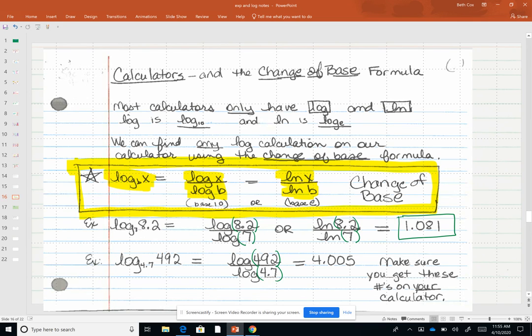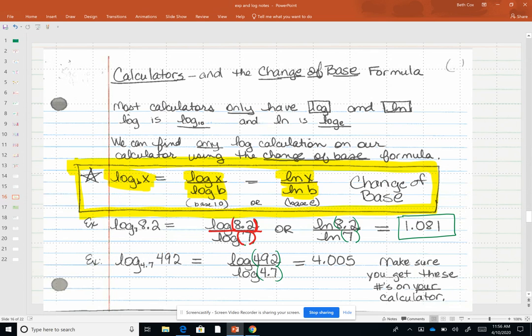So everybody on their calculator needs to be able to do log base 7 of 8.2 and hopefully get the decimal 1.081. Now, depending on how your calculator works, you might need to put parentheses here. Remember, this is divide. Okay? If you've got fraction capability, that's fine.